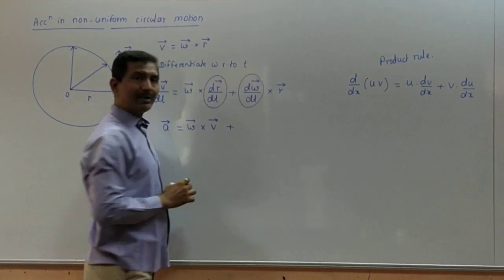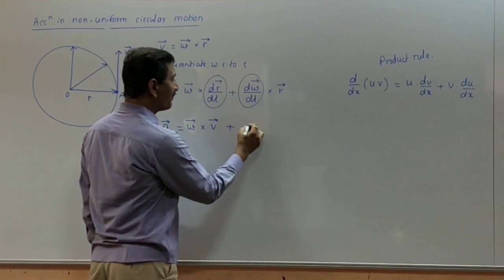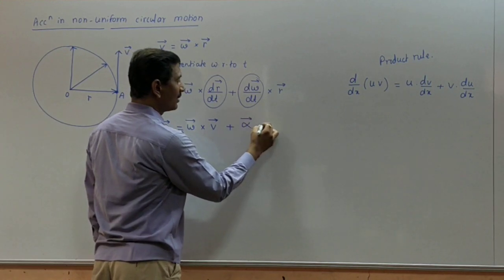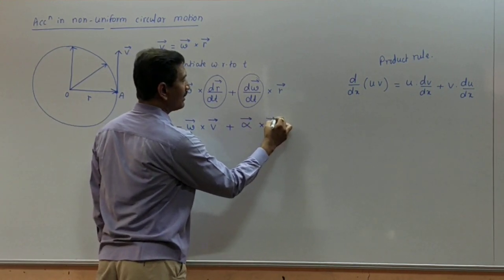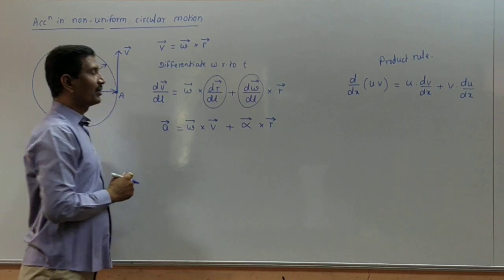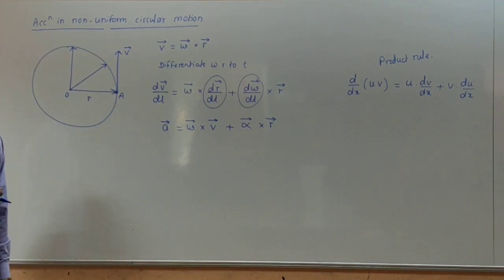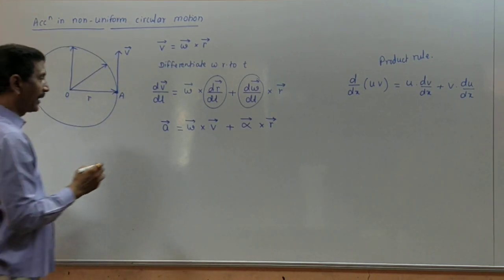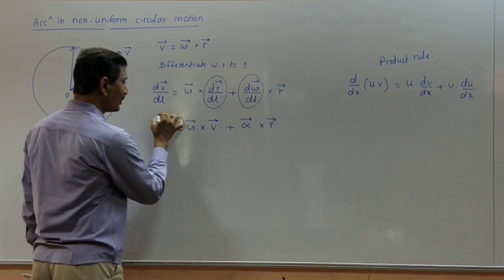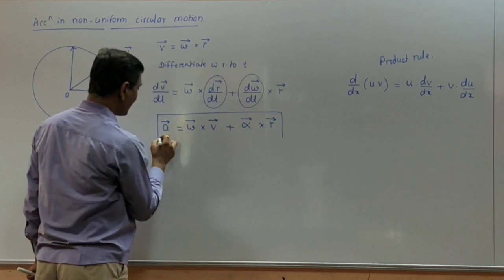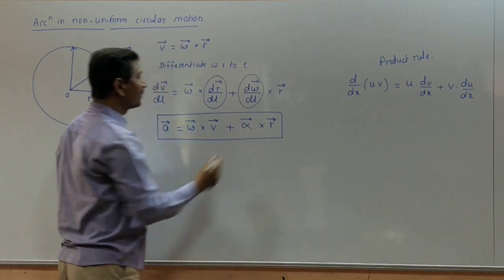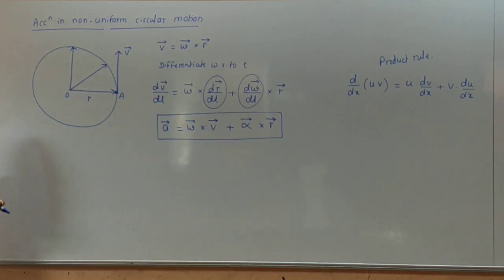d omega bar by dt is alpha bar, the angular acceleration. So it is alpha bar cross r bar. This is the formula for the resultant acceleration of a particle performing non-UCM.